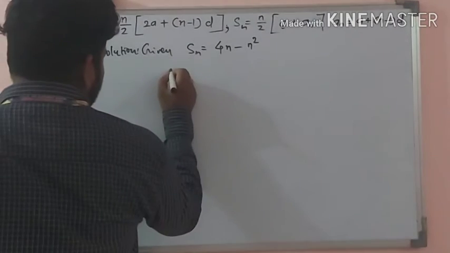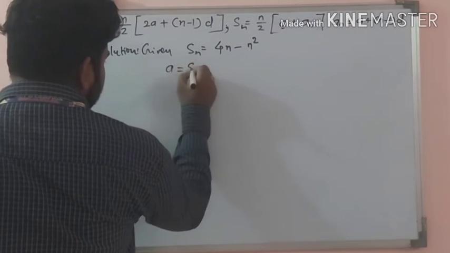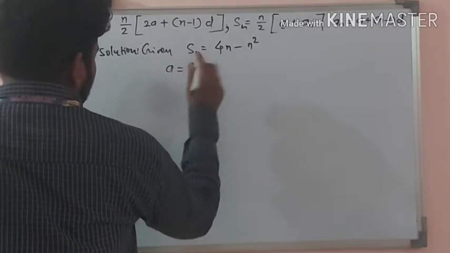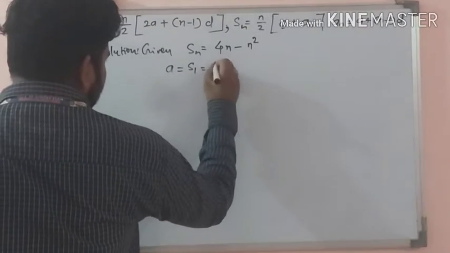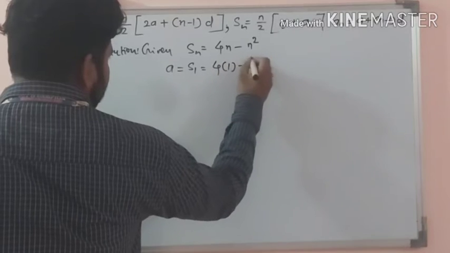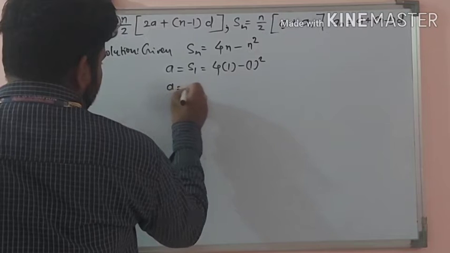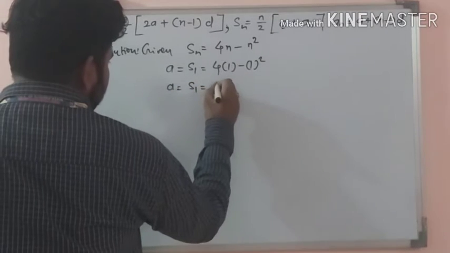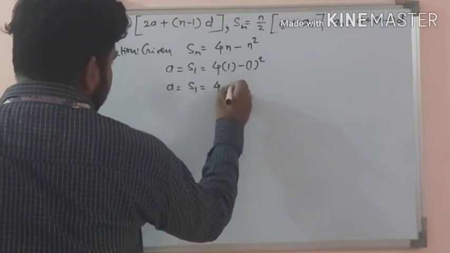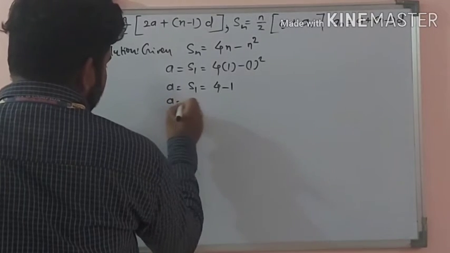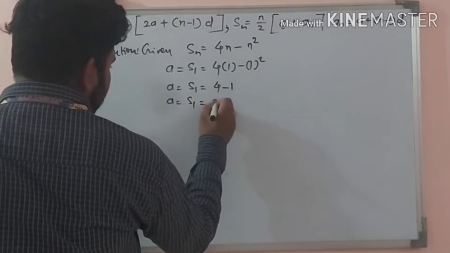Okay, so a is the first term and S1 is also the first term according to the question. So putting the value of n as 1, 4 times 1 minus 1 square, that is A is equal to S1, 4 minus 1, and S1 is equal to 3.